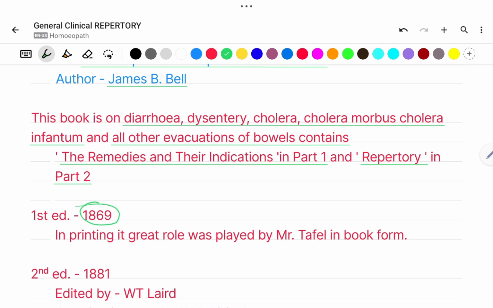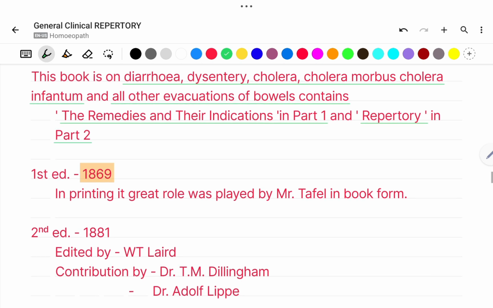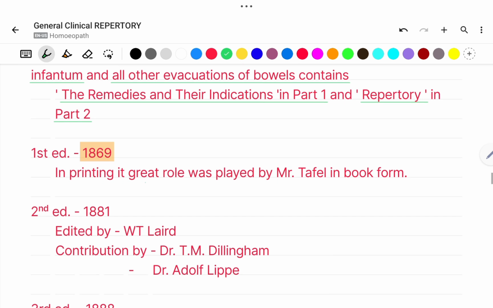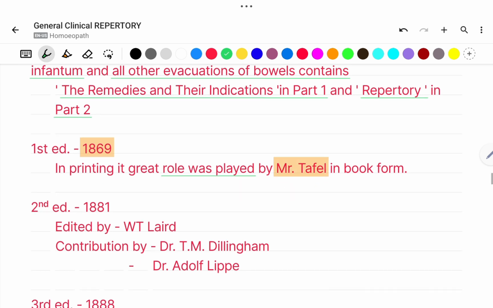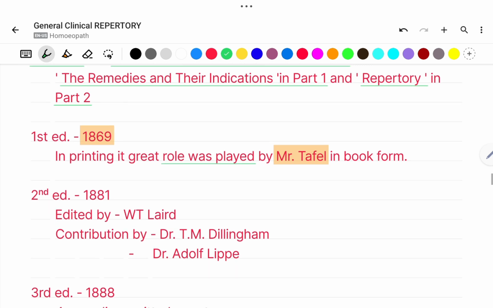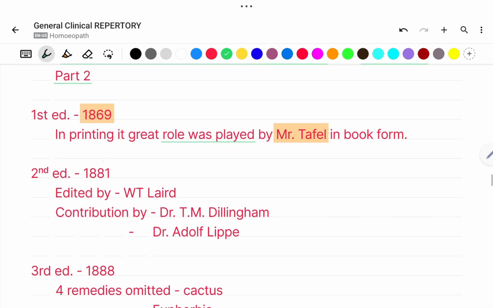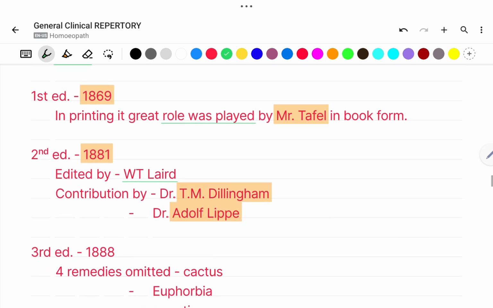First edition came in the year 1869, and great role was played by Dr. Teffel in this. Second edition came in the year 1881. It was edited by W. T. Laird. Contribution was given by Dr. T. M. Dellingham and Dr. Adolphe Lippe.